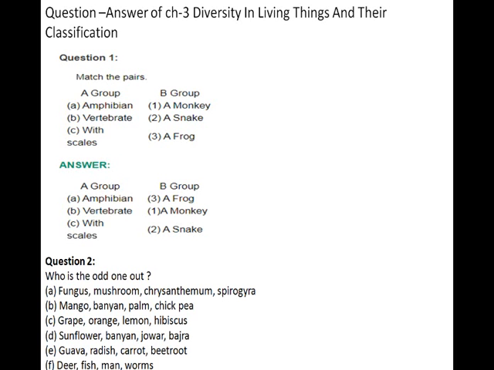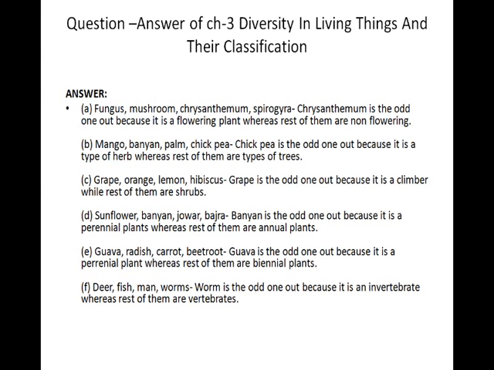Now sunflower, banyan, jowar and bajra. When you see sunflower, banyan, jowar and bajra, it is very easy. Banyan is the odd one out because it is a perennial plant, whereas the rest of them are annual plants. Okay, what are perennial plants? We already discussed this.